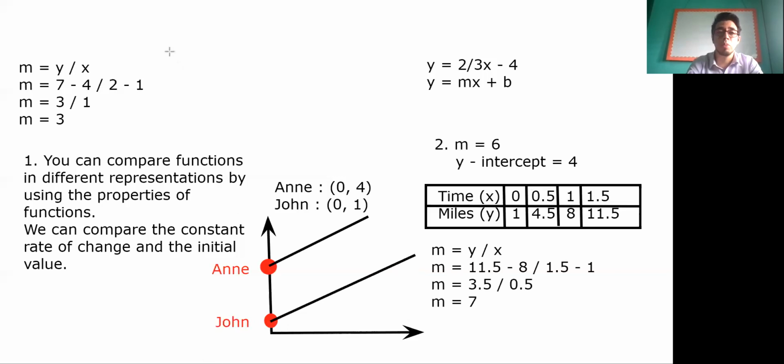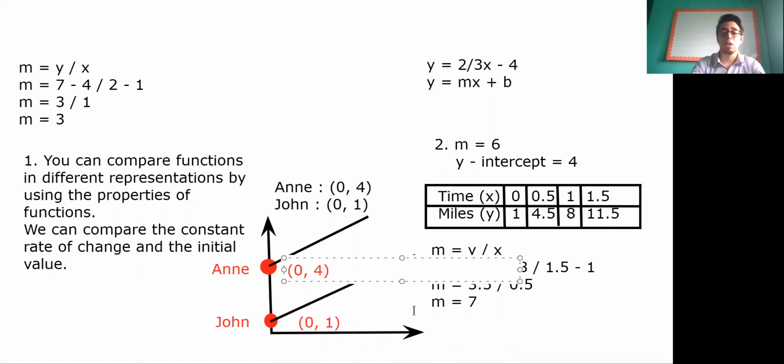I'm going to write you the points, so I want to show you again the coordinates in here. 0, 1, and this is 0, 4. So this is where they start the running. They are talking about running, right? So this is where we start this.